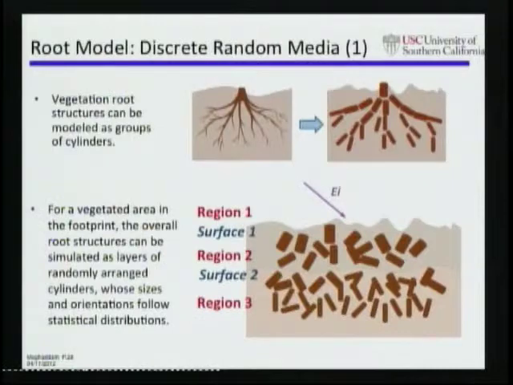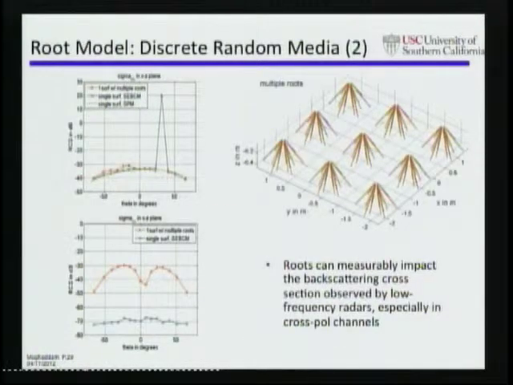The way we model the roots is basically the same way that we model the branches, or very similar. There are minute differences, but a lot of the strategy is the same. So you divide them up into cylinders, and you find the scattering from the cylinders. Of course, the cylinders are now embedded in the subsurface, in layered ground. So the problem is a little bit more complicated.